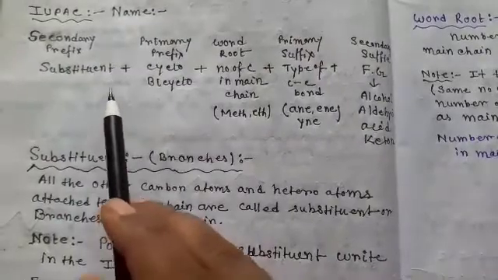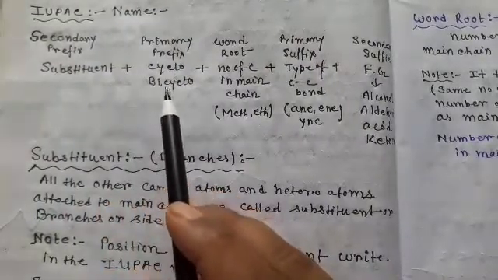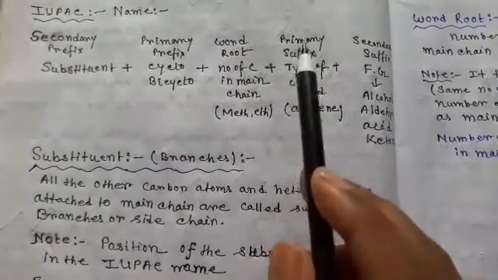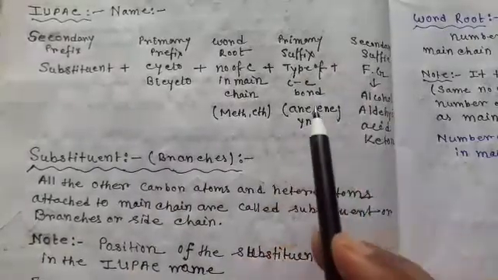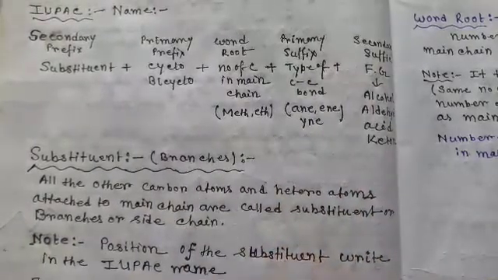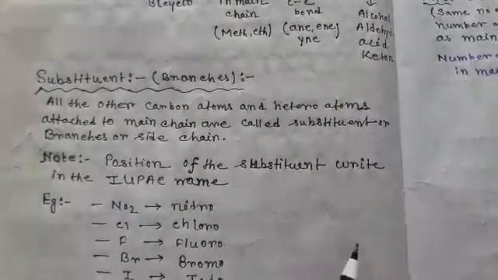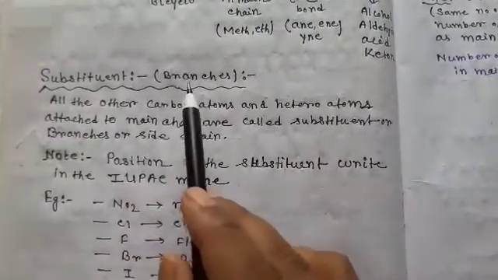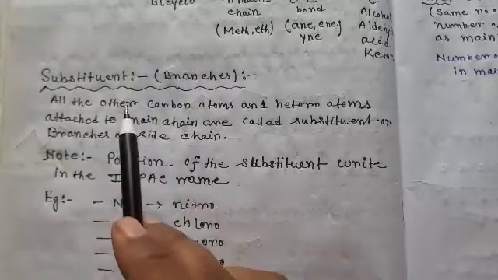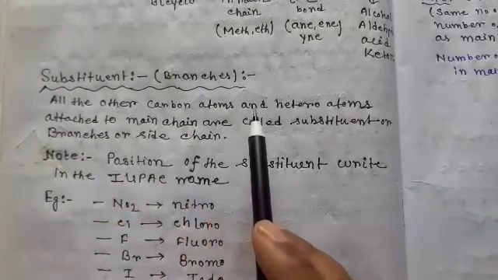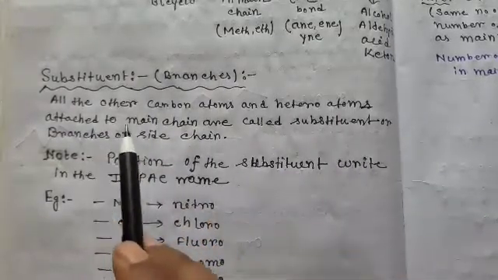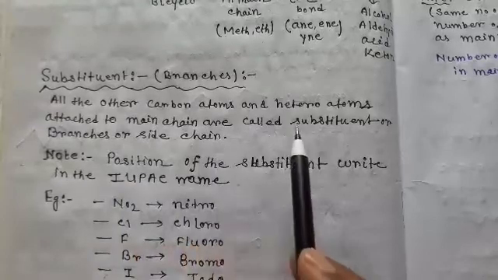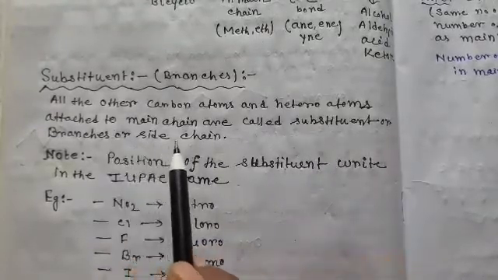Now students, what is the substituent? What are the primary prefix, word root, primary suffix, secondary suffix? We will learn in detail. At first, the substituent. What is the substituent? Substituent is also known as branches. All the carbon atoms and the heteroatoms attached to the main chain are called substituents or branches or side chains.